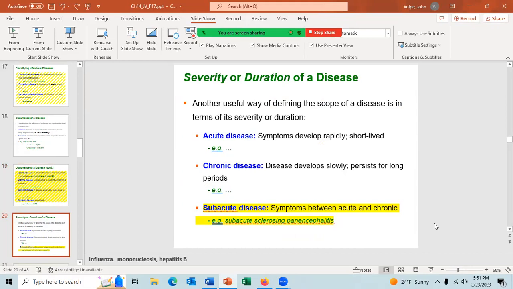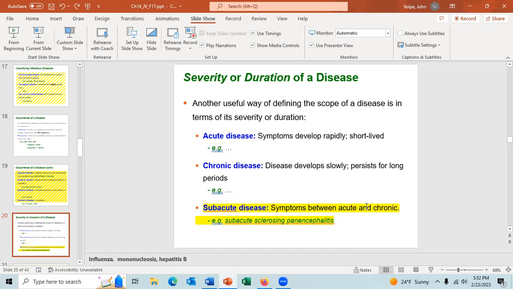Another useful way for defining the scope of a disease is to discuss its severity or its duration. An acute disease is a disease where the symptoms develop rapidly, the disease is short-lived, and then the disease goes away. A classic acute disease is the human cold. It hits us very rapidly, develops very rapidly, and then goes away very rapidly.